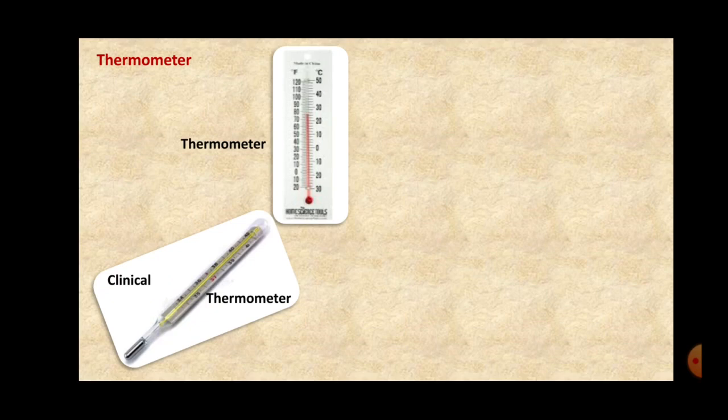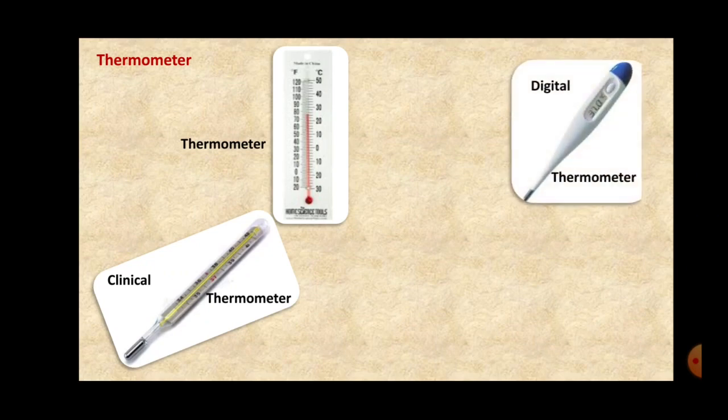Nowadays, digital thermometers are used for clinical purposes. As you can see on the screen, the digits can be read directly in the thermometer. So they are not calibrated like the earlier ones, but now they show the digital temperature.